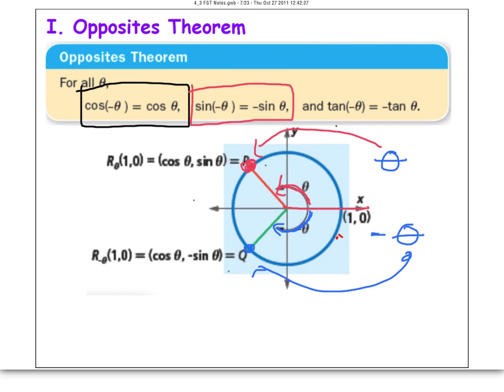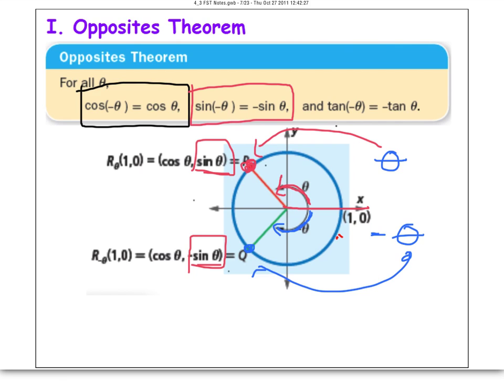Well, the sine values are the y's. Again, if we travel to them, to get to the red dot, I have to go to the left and up. To the blue, I go left and down. So this I had to go up, this I had to go down. I'm going the same amount, I'm just going in the opposite direction. Therefore, their sine values, as you can see right here, are going to be opposite of each other.